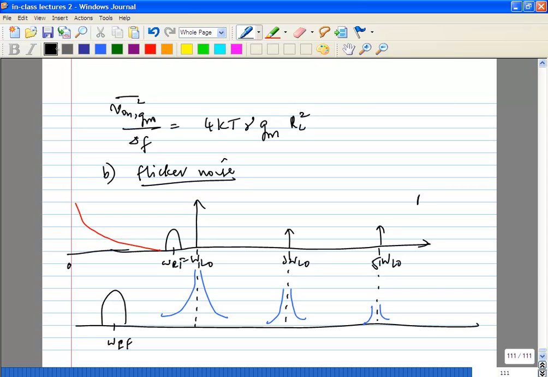This is for the receiver. How about the transmitter? If you have a transmitter, your omega RF is actually omega baseband, right? The input is actually omega baseband, and that is going to get multiplied. So omega baseband is going to coexist with your flicker noise from your GM stage, and that is definitely going to get upconverted to your RF frequencies. So you will have to combat that. If you have a transmit mixer, you will need to use large sizes.